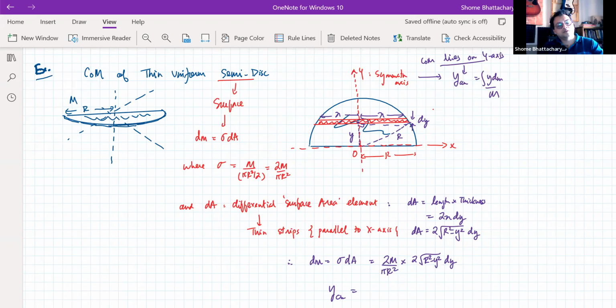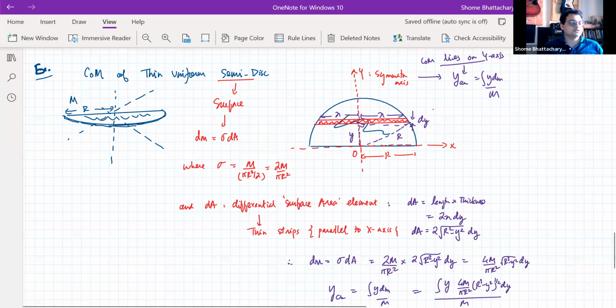Okay, so that here will become y multiplied by this factor divided by total mass.